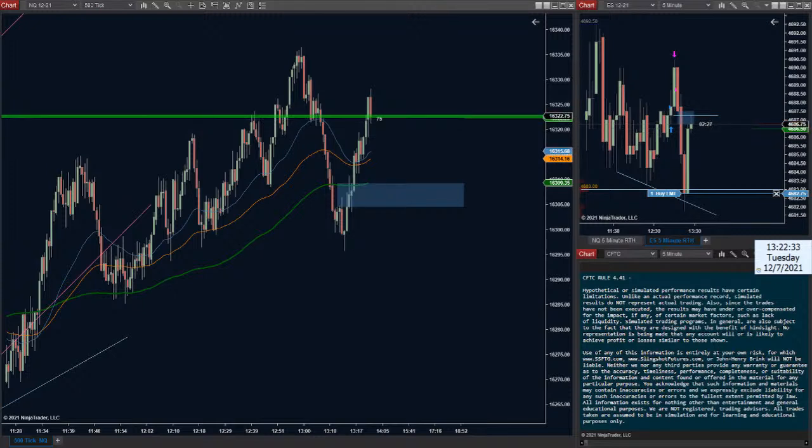Going on 120 now and testing a pretty important area here for the S&P. Love to see if they could rotate through this 87 quarter and rebounce.